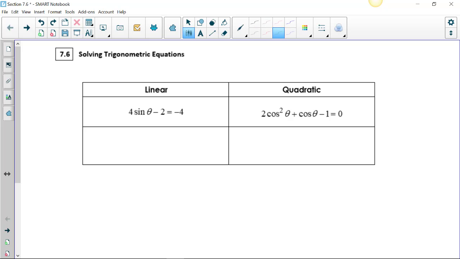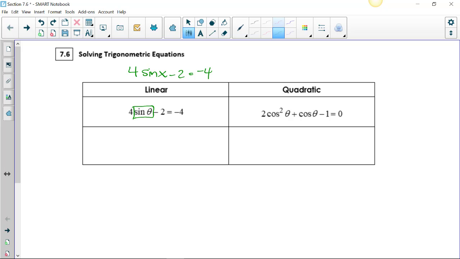So, for example, all I see is a sine theta in this first equation. If I rewrote that and chose some variable to represent the sine of theta, we could use x, but a lot of times you might see your variable with the trig expression be an x. For example, that could be 4 sine x minus 2 equals 4, which is the reason why I typically don't use x.